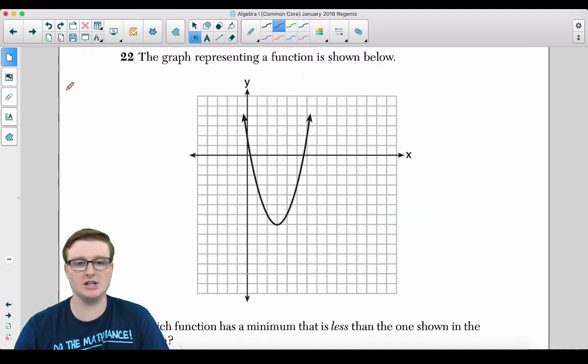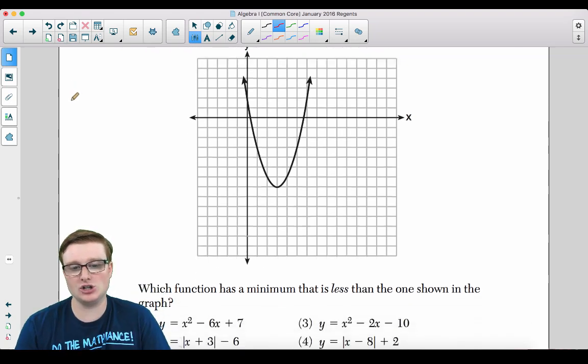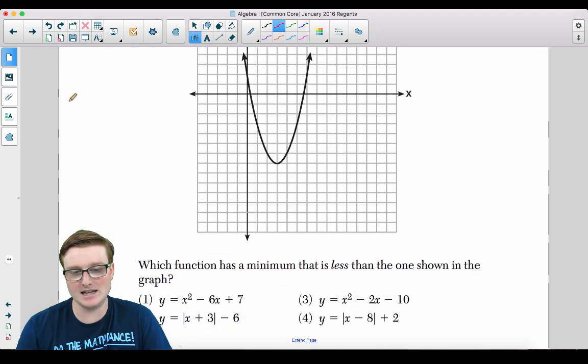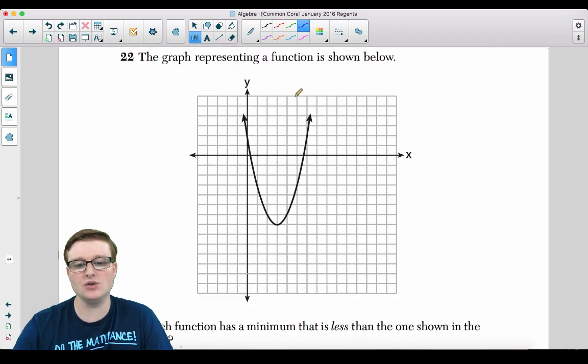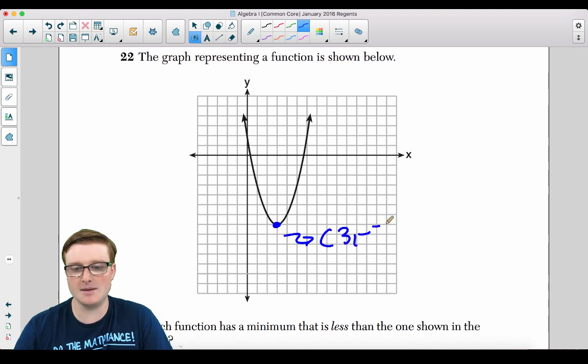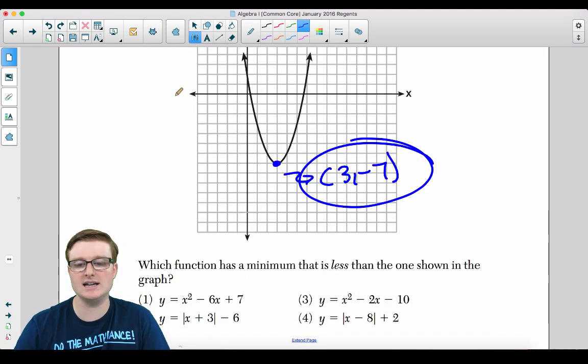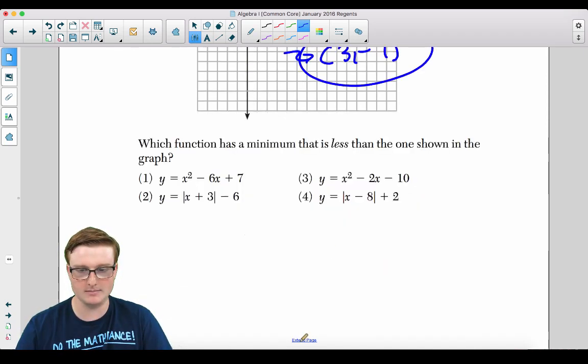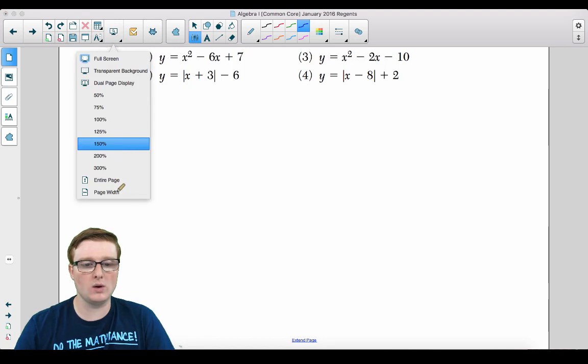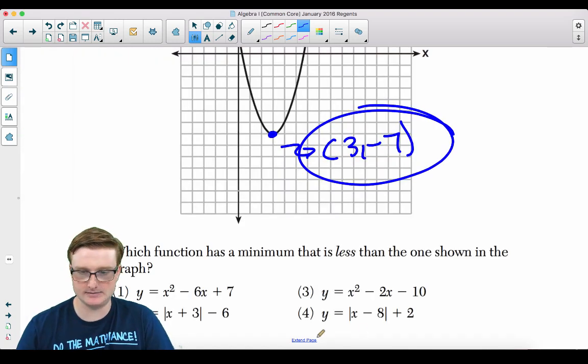All right, 22. The graph representing a function is shown below. Which function has a minimum that is less than the one shown in the graph? So the minimum value of this function is the point 3, negative 7. So they're saying which function is less than the number negative 7? Well, I'm just going to tell you what each minimum is.